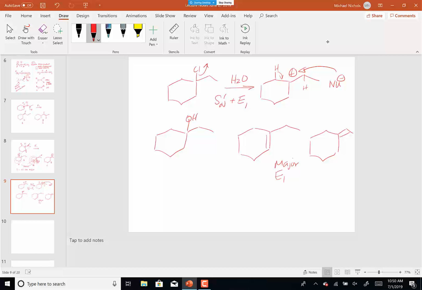You would write the SN1 product plus the major E1 product. So if I asked you this as a mechanism, you would have the SN1 mechanism and you would have the E1 to form the major product.